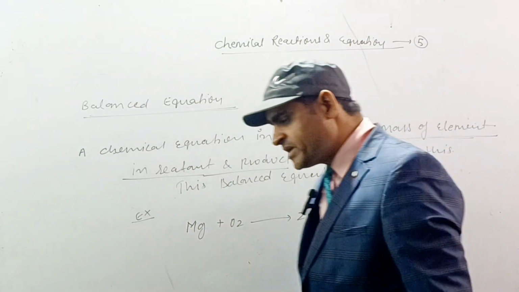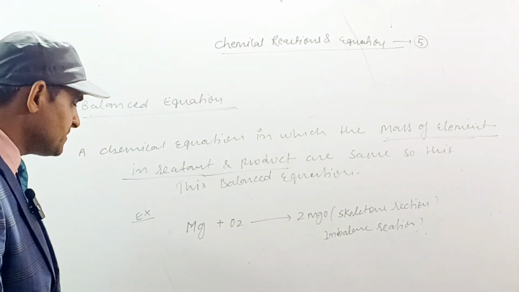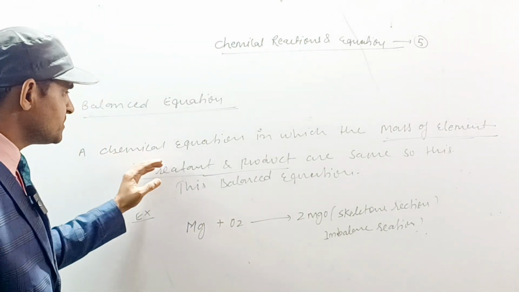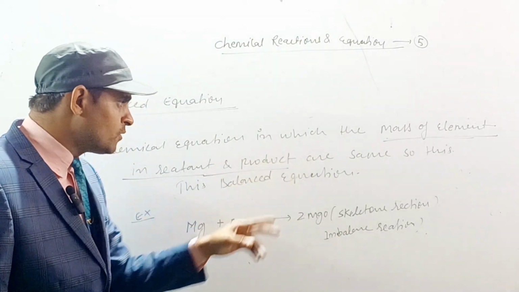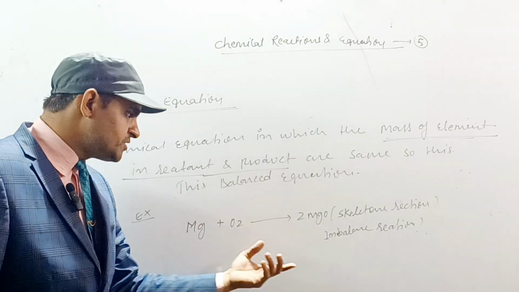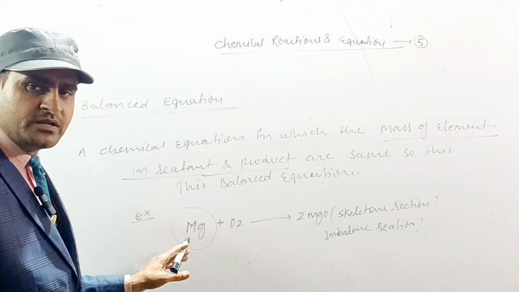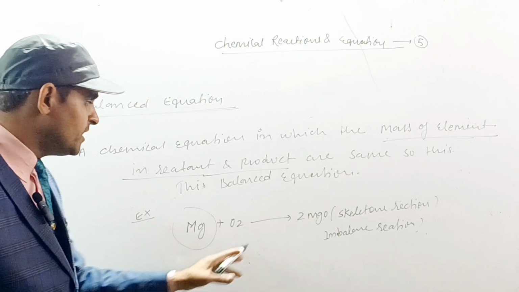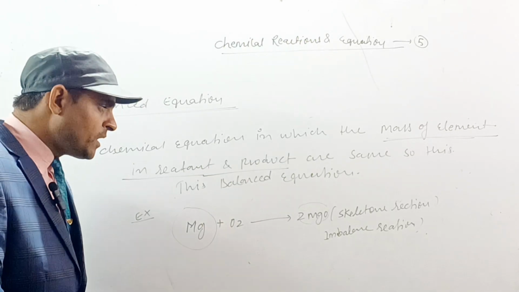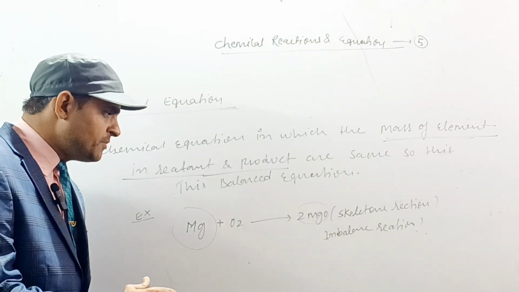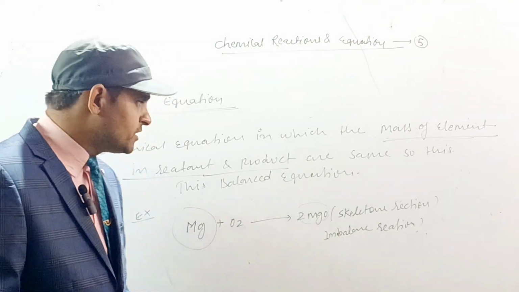What is the skeleton reaction and imbalanced reaction? We will describe it this way: a reaction in which the mass of the element in reactant and products are not the same. This is the imbalanced reaction, because the number of moles of magnesium in this reaction is 1 and in this reaction is 2. So these are not the proper balance of the magnesium element. So these reactions are known as imbalanced reactions.